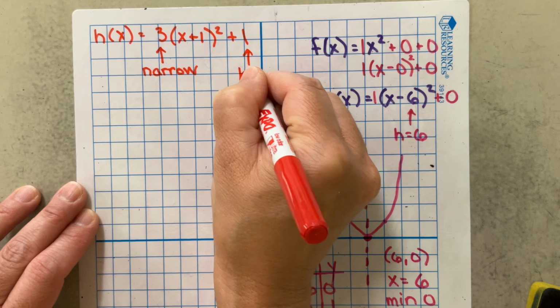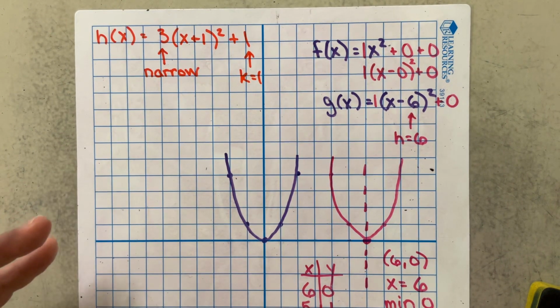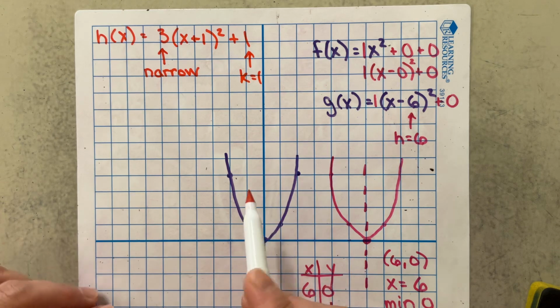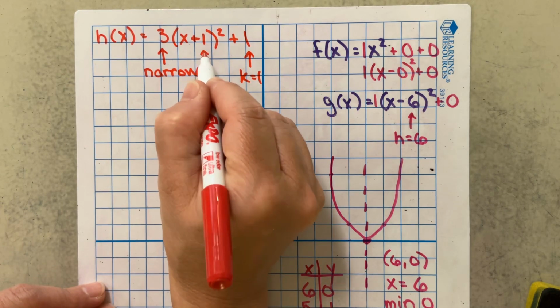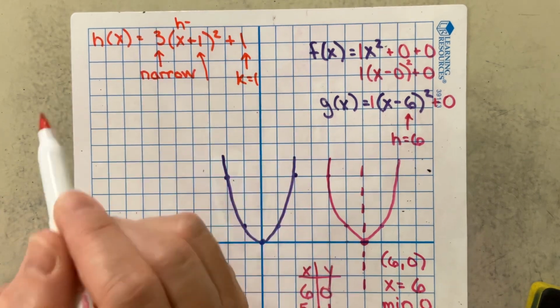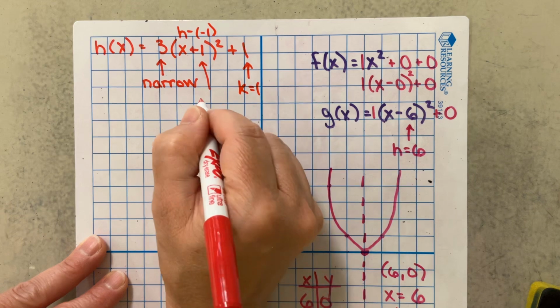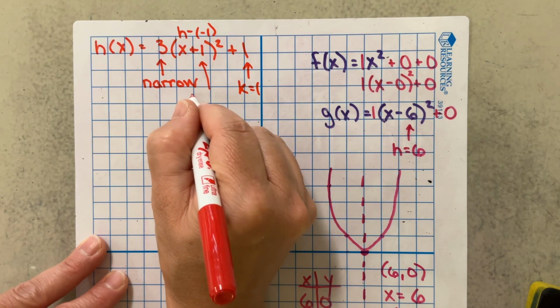Our k is 1, and we know that's going to move it up 1. This is our h value. Remember, it's h minus, so this is really a -1. So it's going to move it to the left 1.